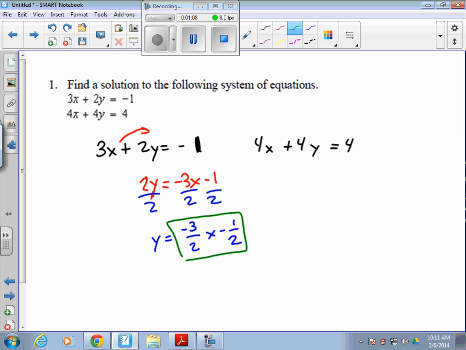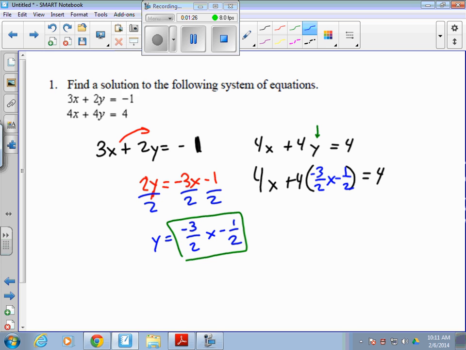We can take that value and plug it in place of y. 4x plus 4 times our new value of y that we just found, or our new expression, which is negative 3 over 2 x minus 1/2.